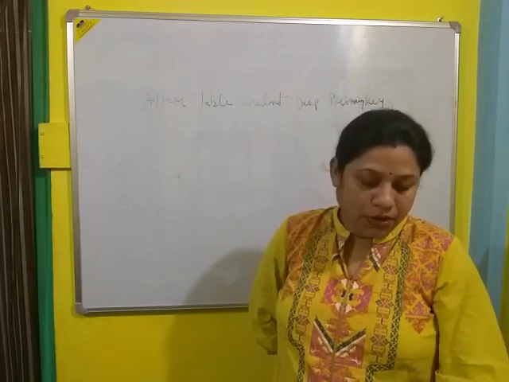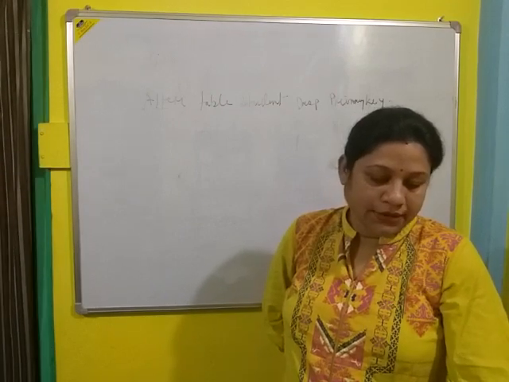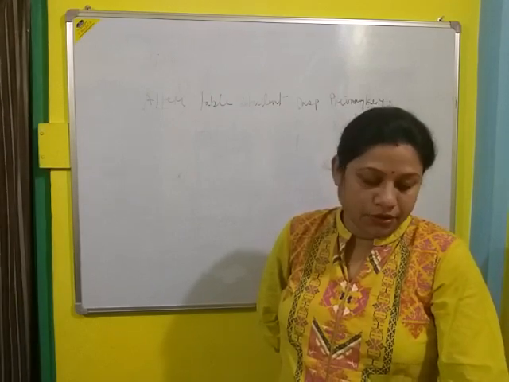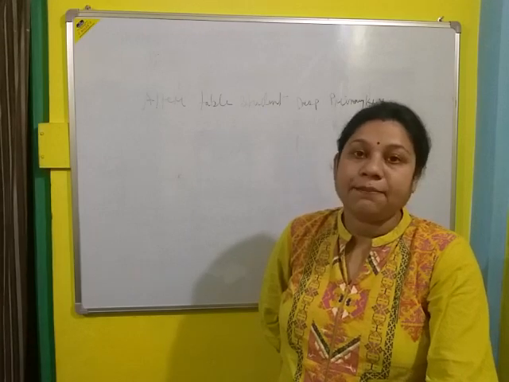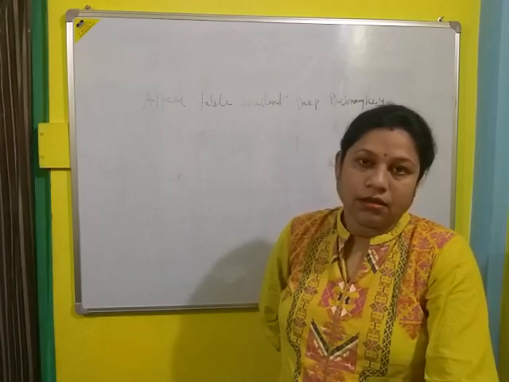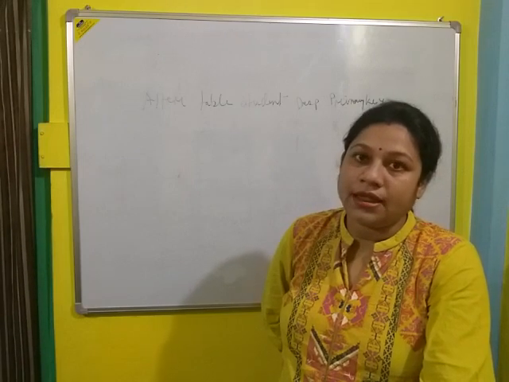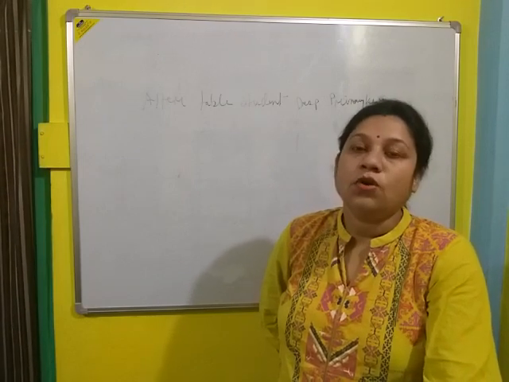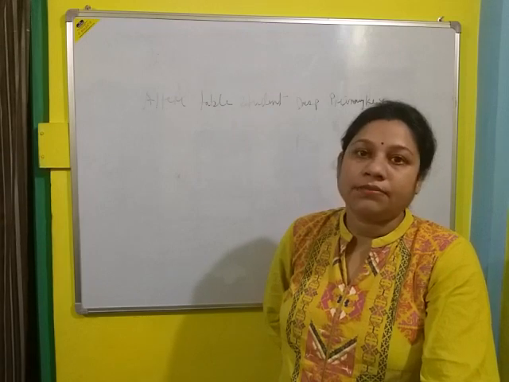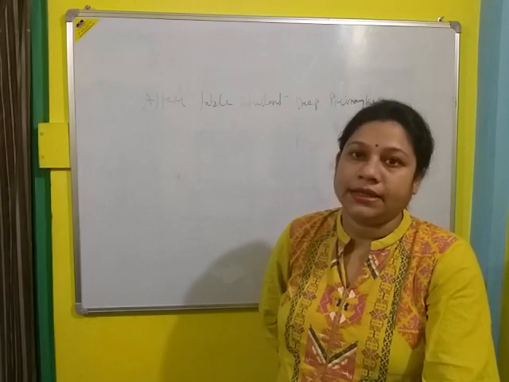Suppose we want to accept null values in the student name field. We have a table called student, and in the student table we have a column or field named student name.